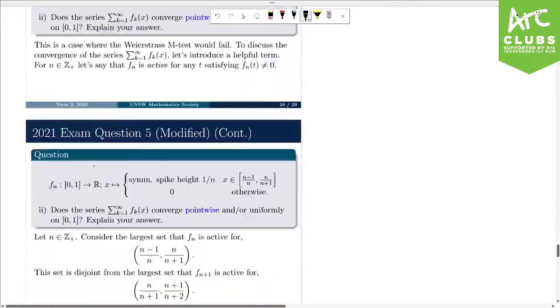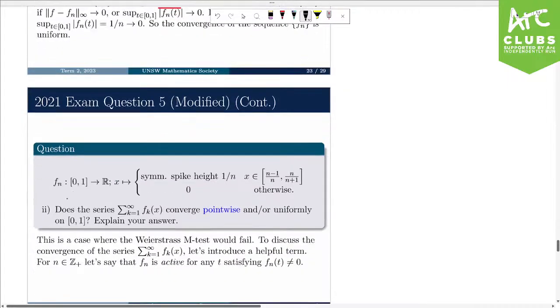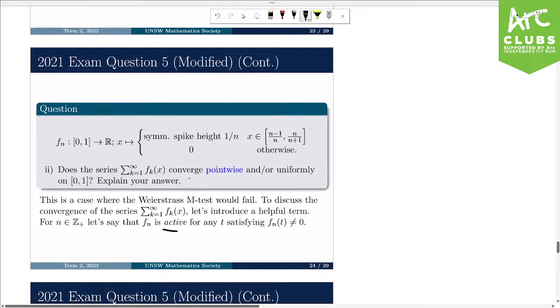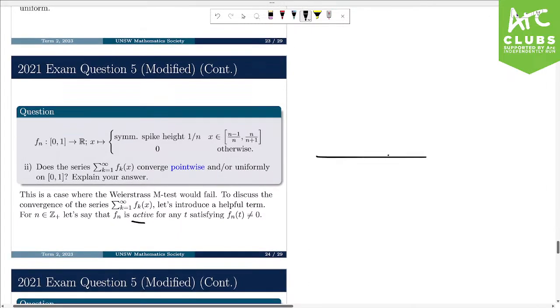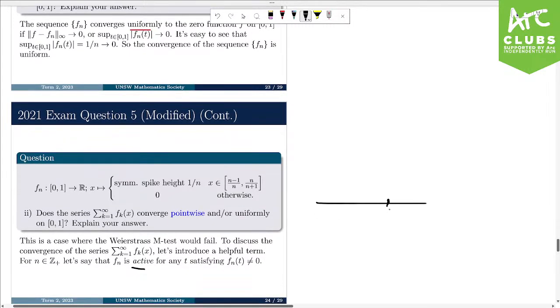So we introduced this term. Basically, at every x, we just take the fn such that this x value is in this interval, so it's part of a spike.